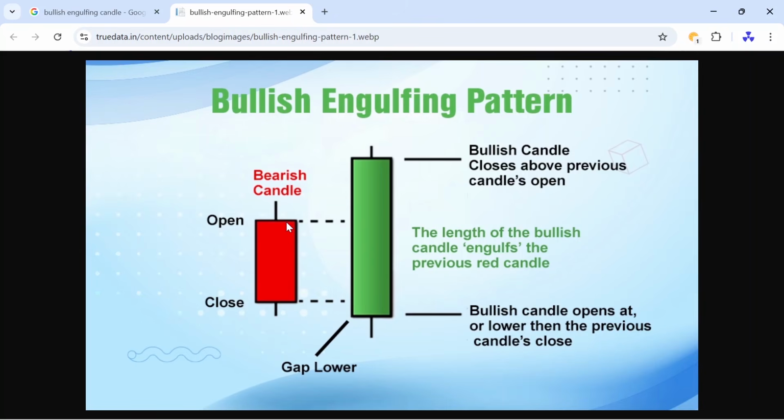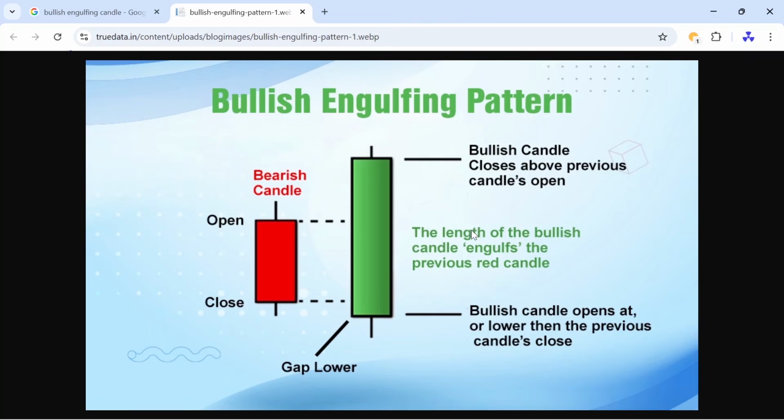Then the other condition to verify if a candle is a bullish engulfing pattern is that the bullish candle, which is the one on the right, must close above the previous open, and the bullish candle must open at or below the previous candle's close, right? You can see the visual.